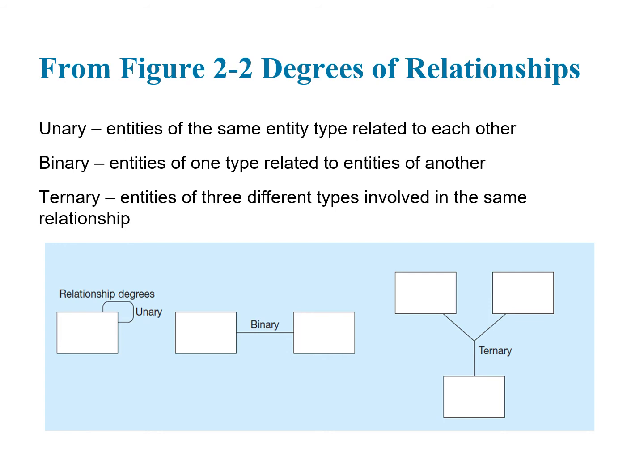An example of a binary relationship may be an employee working in a department, two entities. And a ternary relationship may involve a product being shipped by a particular supplier to a particular warehouse. So, entities of three different types are involved in the same relationship.